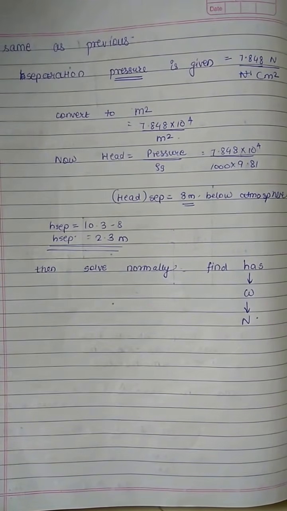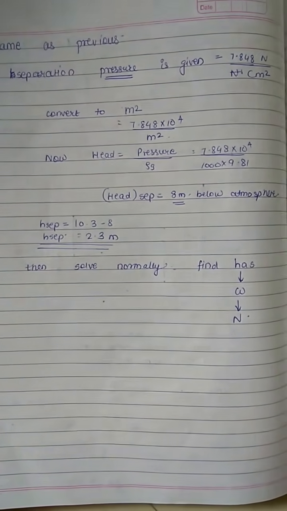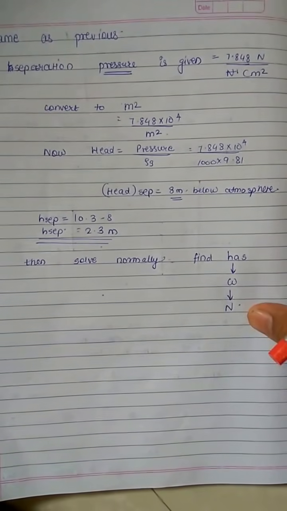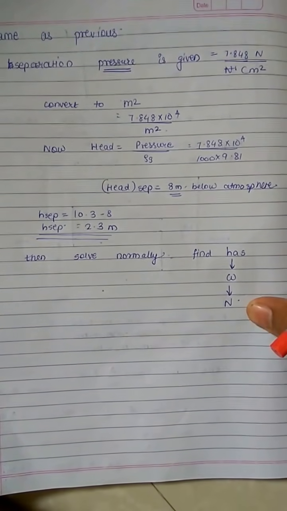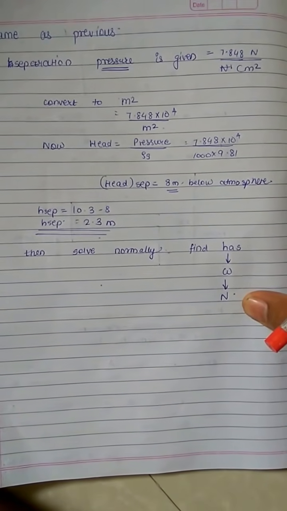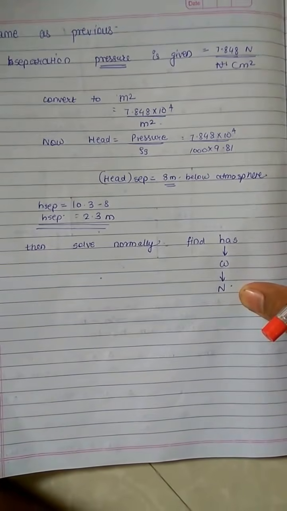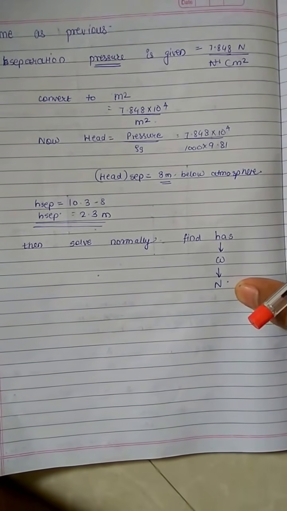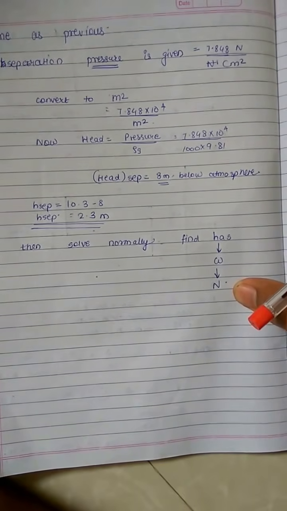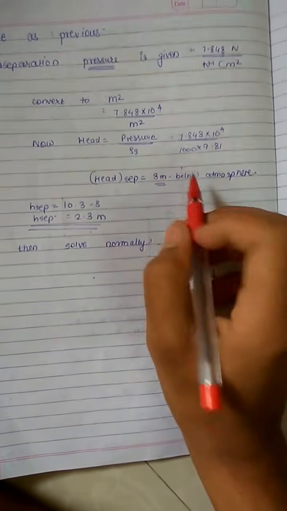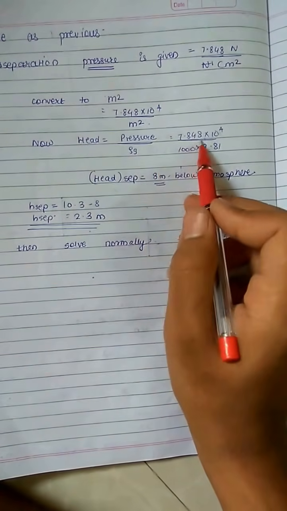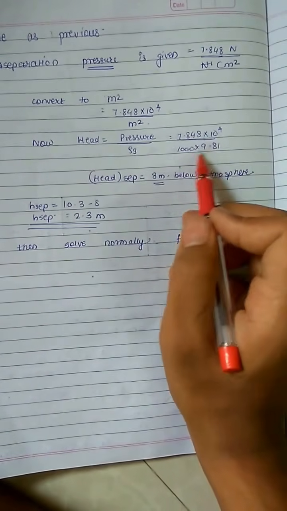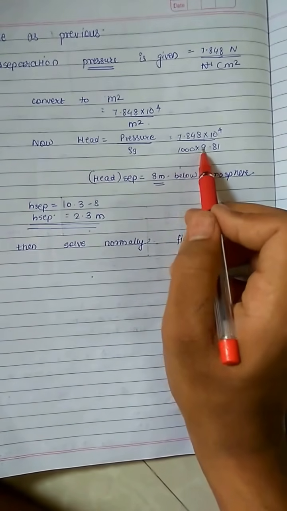Okay, so this is the same numerical which was asked previously, but the separation pressure is given instead of separation head. We have been given 7.848 Newton per centimeter square. First we convert it to meter square, that is 7.848 into 10 raised to 4 Newton per meter square, and now we have to convert the pressure into head, that is 7.848 into 10 raised to 4 divided by 1000 into 9.81.